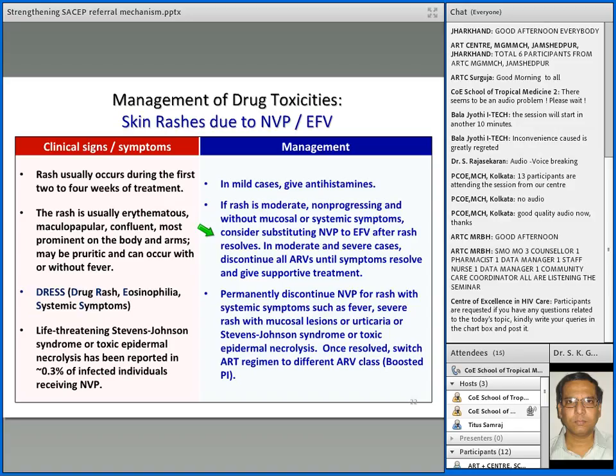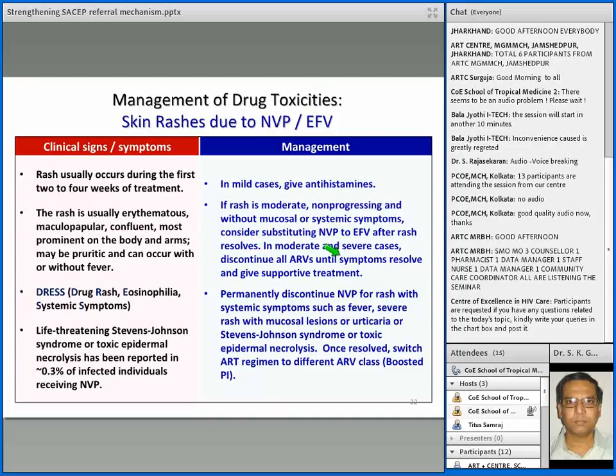So you would be required to stop nevirapine, and once the rash subsides and there are no features like fever, no mucosal involvement, no edematous lesions or erythema multiforme sort of lesions, and it is not associated with a rise of ALT etc., then you can consider substituting nevirapine with efavirenz following rash resolution. But you need to do it once again under close medical supervision. That is the key issue.